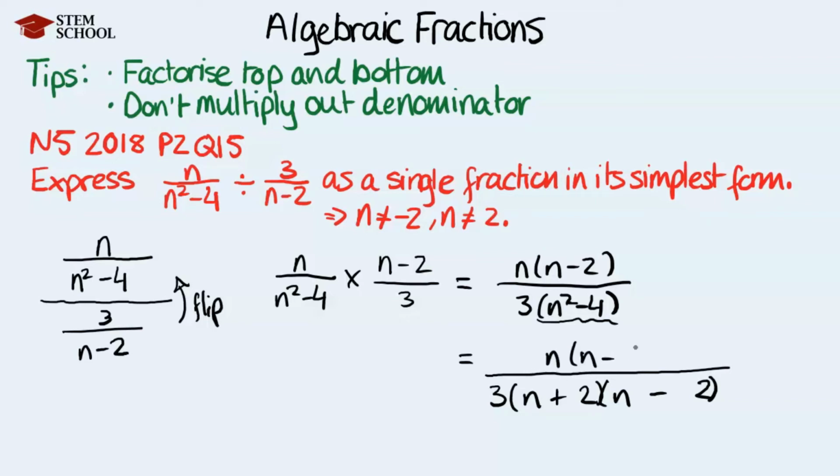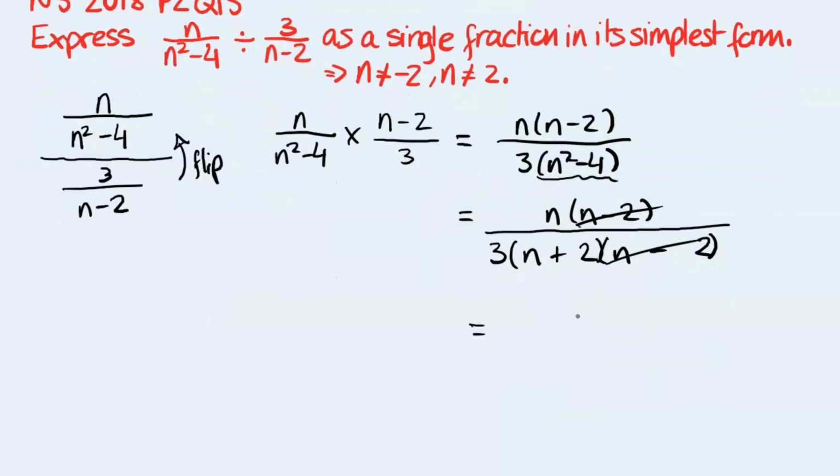The numerator is n minus 2. So if we have a common factor appearing in the top and bottom, we have the n minus 2 bracket appearing in the top and bottom. That means we can cancel them out. So if we keep going, our final answer will just be n all over 3 times n plus 2. That's our final answer. We've simplified it as much as we can here.